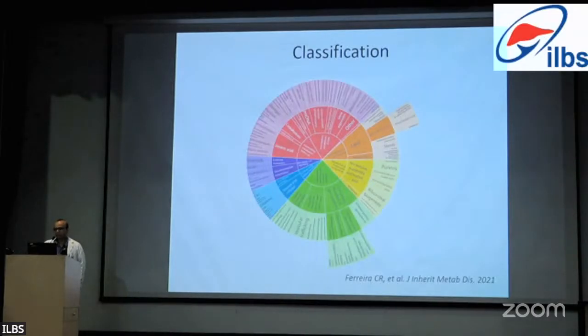So I visited this and there are almost 1,400 metabolic disorders which are classified, and it's very difficult. And it's a multidisciplinary approach, and you need a pediatrician to help you before you take any decision.